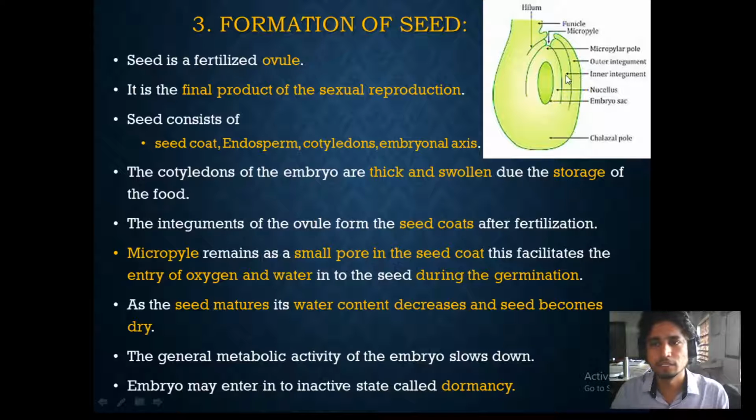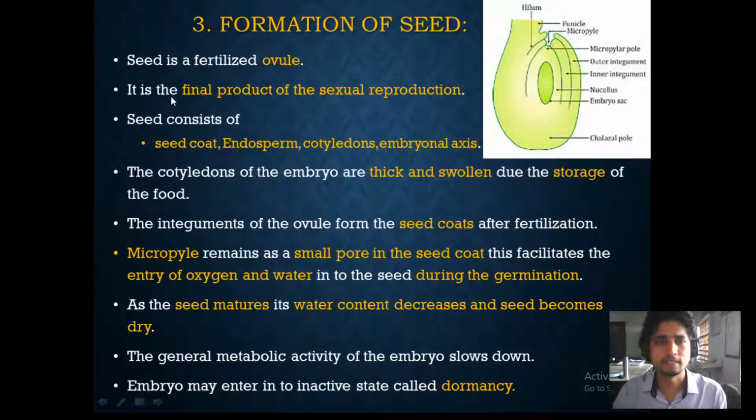Inner to these integuments is the nucellus, which is the reserve food material storage, having a rich source of food materials. Inner to this nucellus is the embryo sac, where the embryo development occurs. This entire structure is the ovule, and after fertilization, it forms the seed.